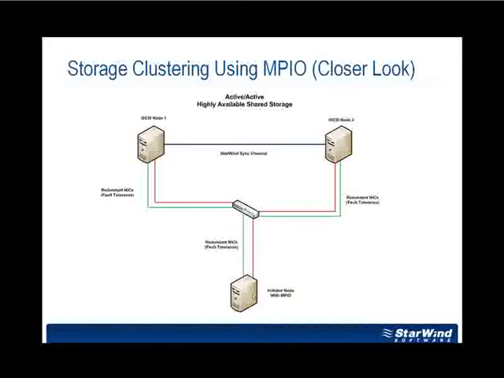Every write that's issued is issued simultaneously to both boxes, with a synchronization channel in between to make sure they're staying in sync and that there's no data corruption. Everything that is written here is written on node 2 and vice versa. So we're constantly making sure these things are in sync so we don't run into a problem. The worst case scenario, obviously, is that this synchronization channel were to break.